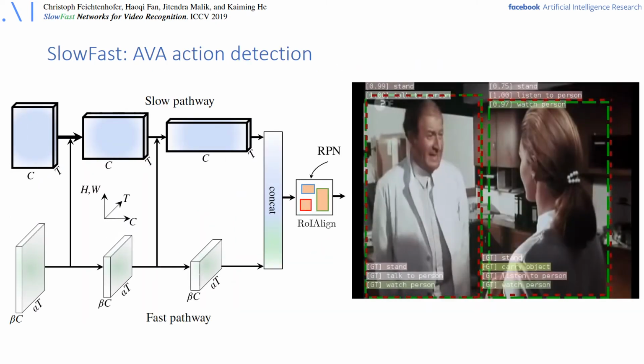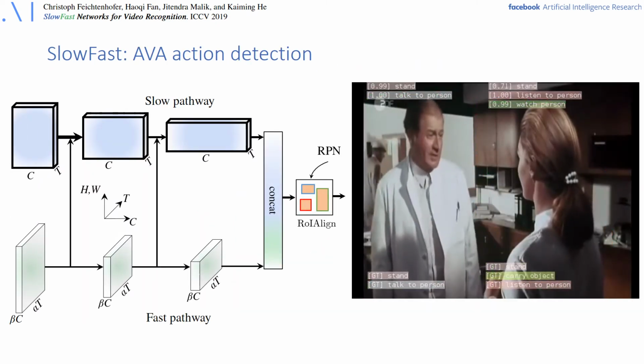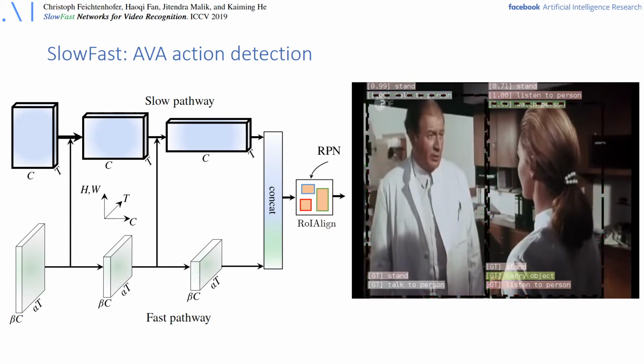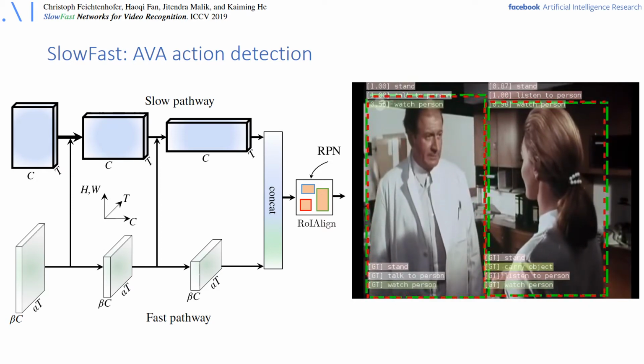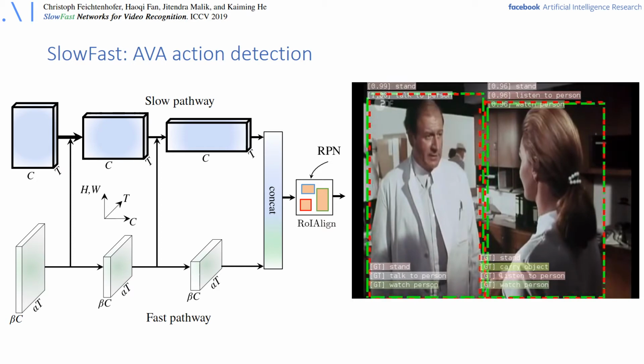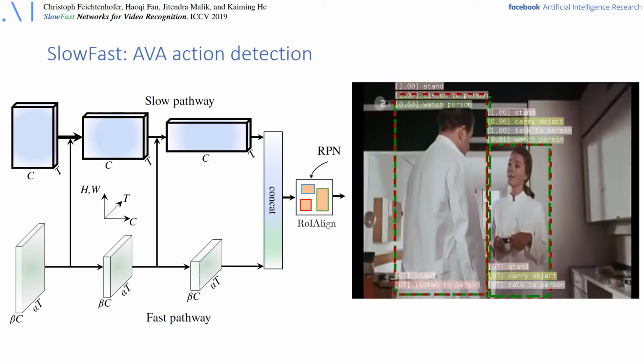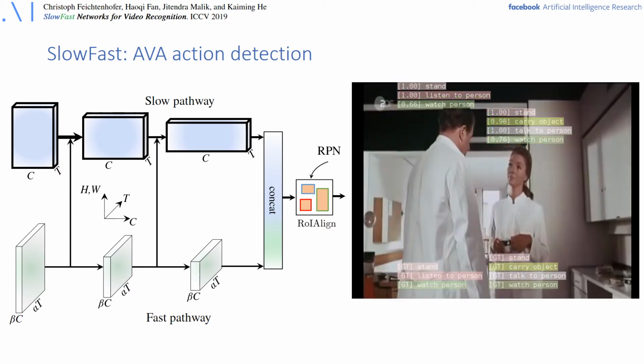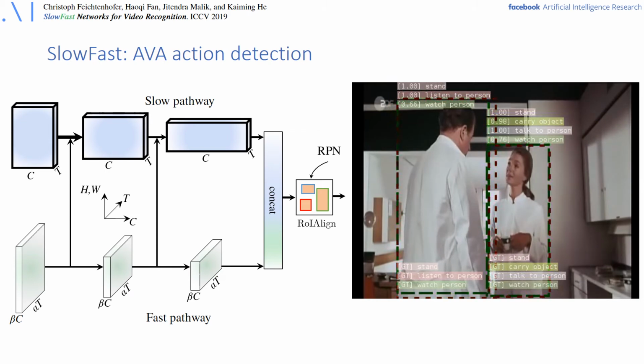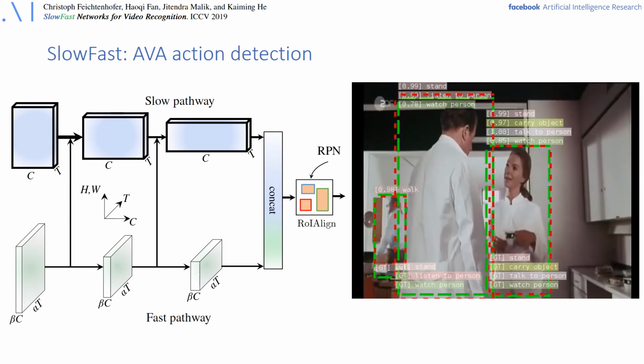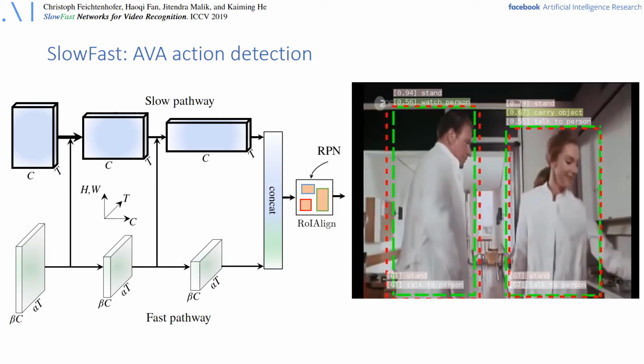Now, our detector is similar to a Faster R-CNN applied to video to get these detections shown at the output side here. Detected boxes we show in green and ground truth boxes in red. Our action detections are shown on top of the people with the confidence scores, while the ground truth labels are on the bottom.